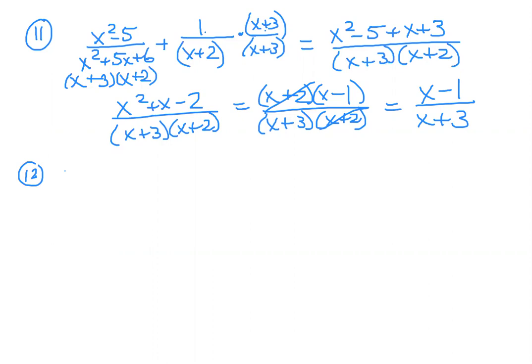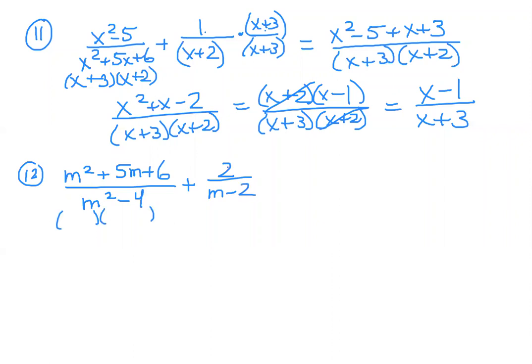We have m squared plus 5m plus 6 over m squared minus 4 plus 2 over m minus 2. So the first thing we have to do is factor the denominator. This becomes m plus 2, m minus 2. So they have an m minus 2 in common.